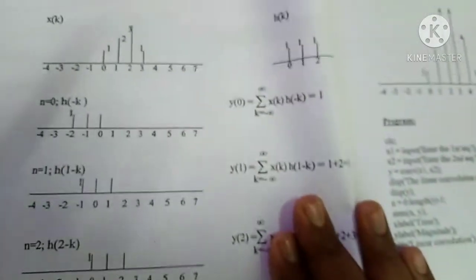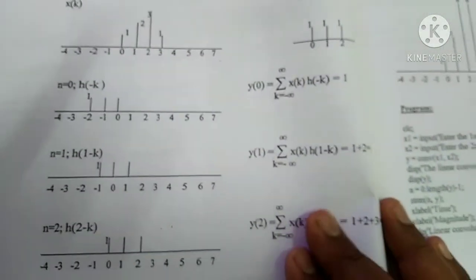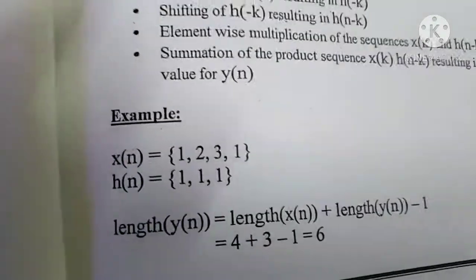There is a formula. Using the formula, after placing the values, we can get the value. We can also get the value in a simpler way. The input given here is 1 2 3 1 and another input 1 1 1.